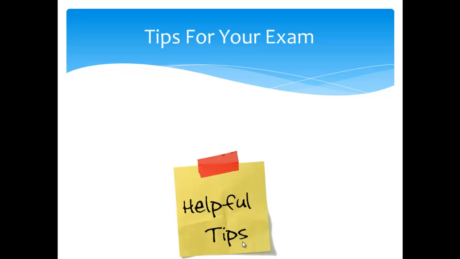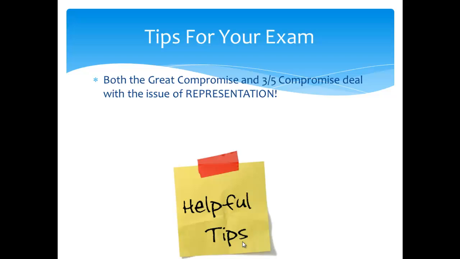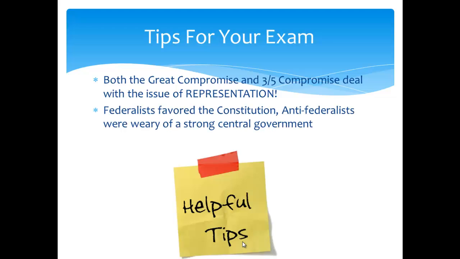Okay, let's talk about some tips for your exam, some multiple choice questions, what you might need to know. First and foremost, as we started out when this video began, both the Great Compromise and the Three-Fifths Compromise dealt with the issue of representation, particularly representation in Congress. Again, understanding that Federalists, they favored the Constitution.